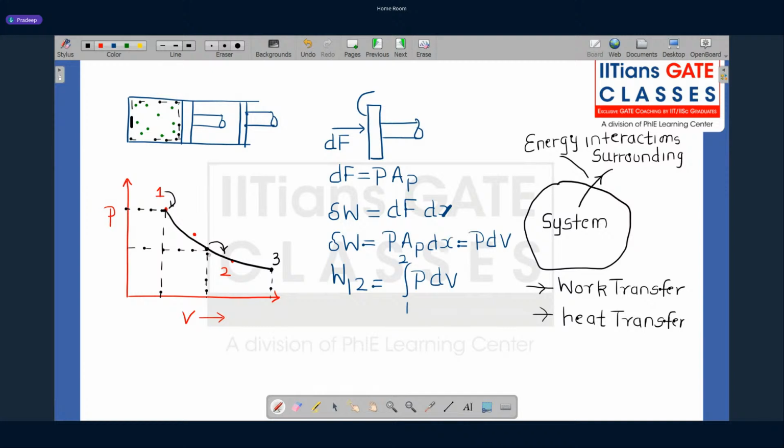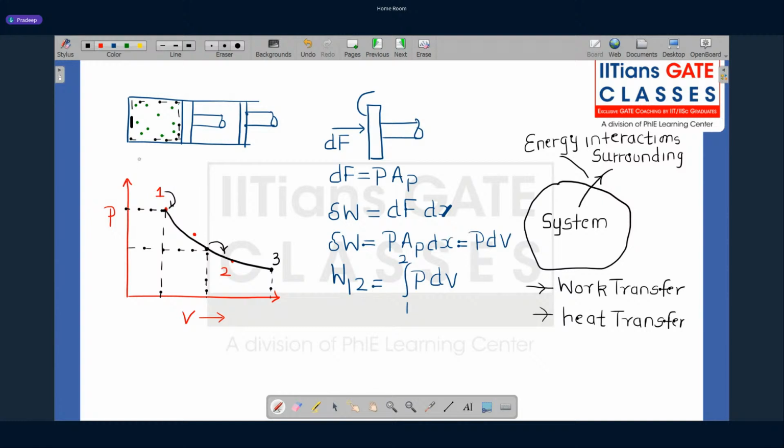Once you join all these points, what you get is a path. The system is following this process path when it is moving from state point 1 to state point 3. And when we calculate this displacement work, it is very much dependent on the process path the system follows while going from state point 1 to state point 3.